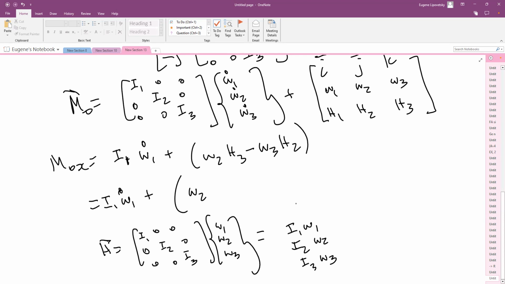So the H3 will be I3 omega 3, minus omega 3, H2 is I2 omega 2. With my notes, that's what I get.